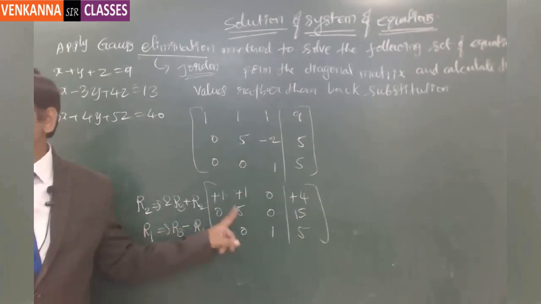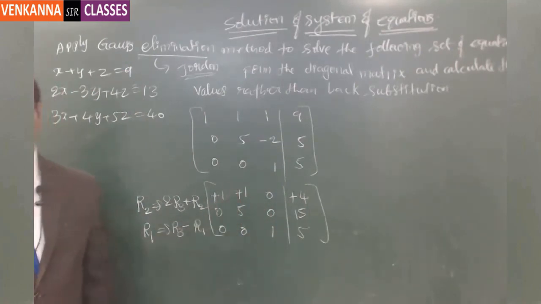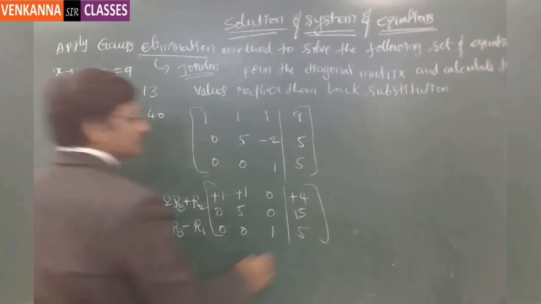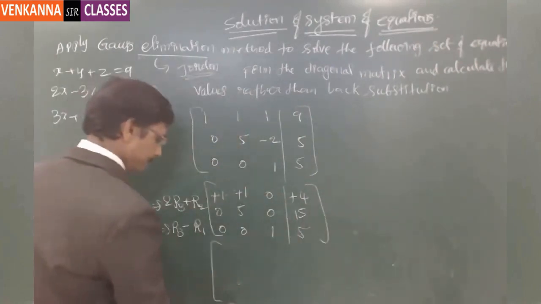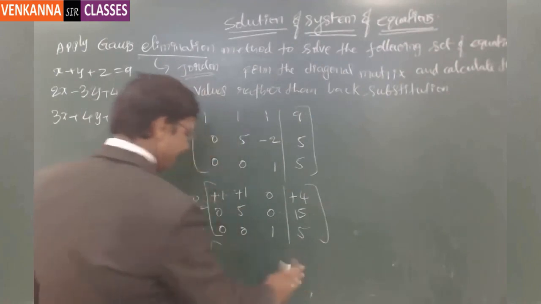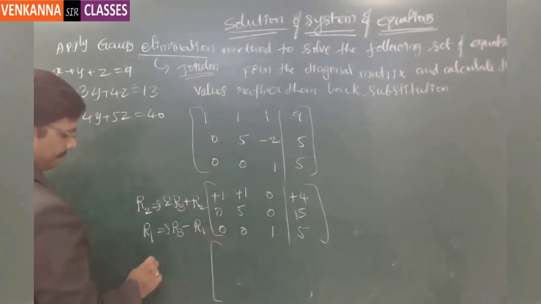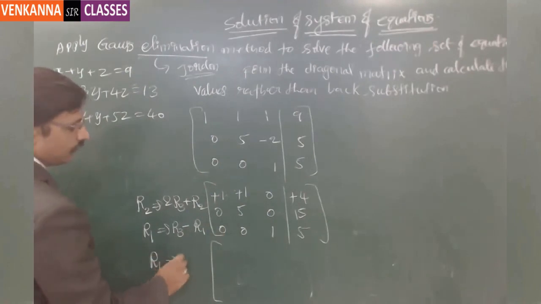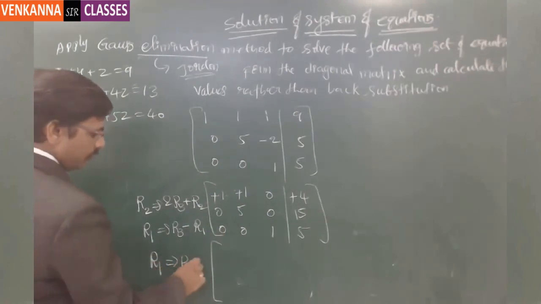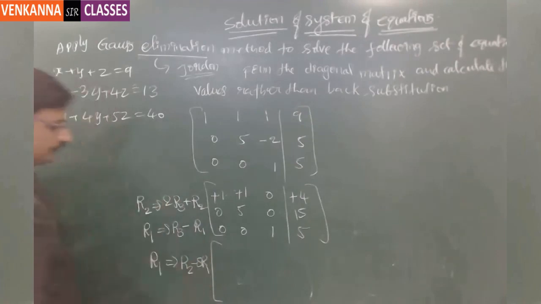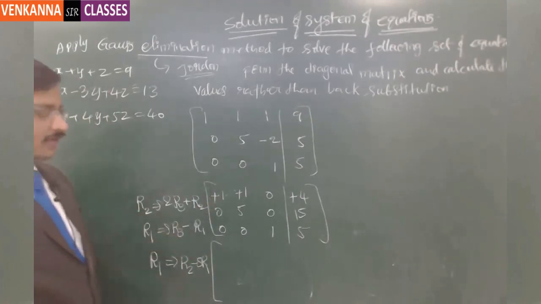Now you can make use of this number to make this value 0. For that, in the next operation, R1 equals R2 minus 5 times R1.